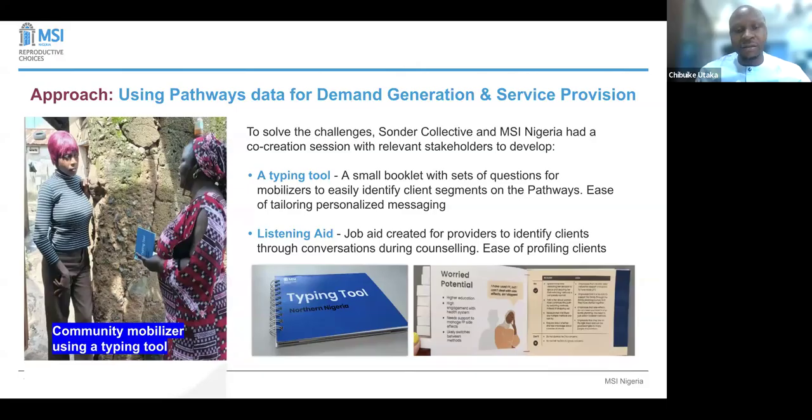So we created two tools. And the idea is basically to address some of the challenges that Ogechi had mentioned: time, suitability, and being able to have proper targeting of messaging.